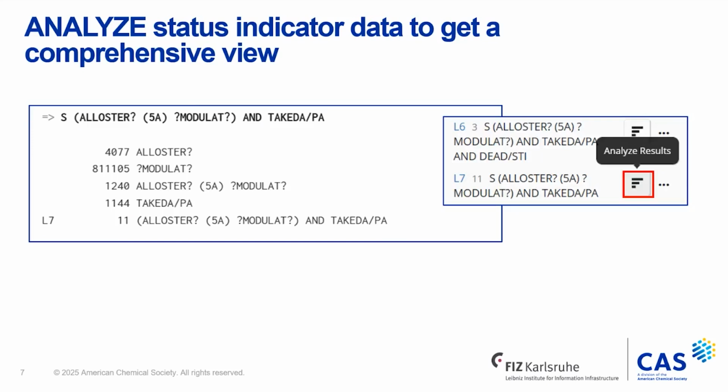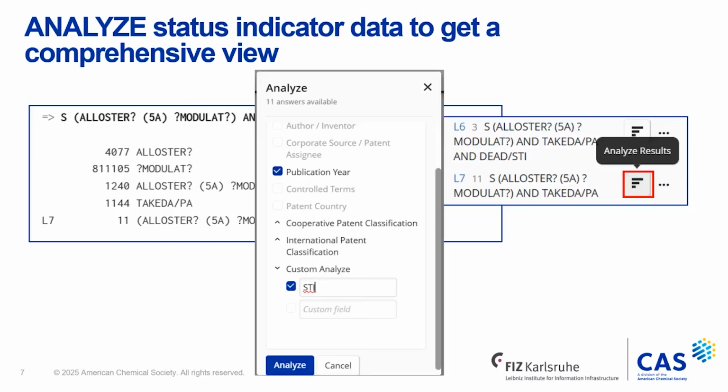When we select that histogram and pull up the analyze results window, we are able to select up to 2 fields to analyze. And you'll notice here that I chose one that's already provided in the default fields, publication year, just to see we can get these in order. We don't have to select 2 fields.